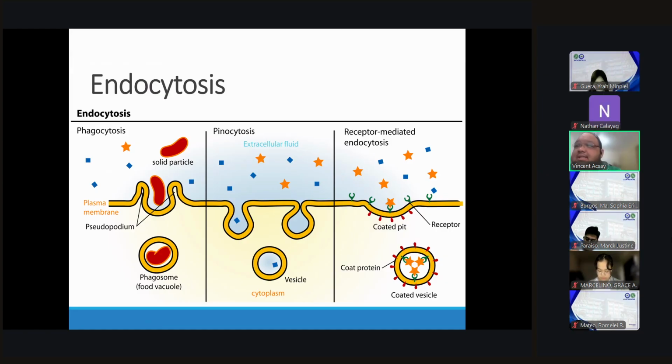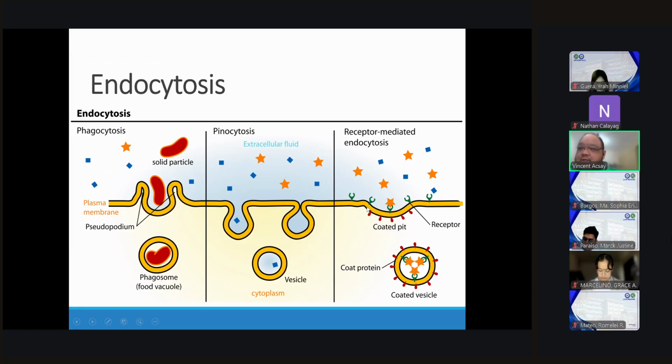And then finally is receptor-mediated endocytosis, where you have regions that are coated in receptors that are concentrated in a certain area and then moved in by the joining of two ends of the invagination, hence moving in the receptor and the target molecule.